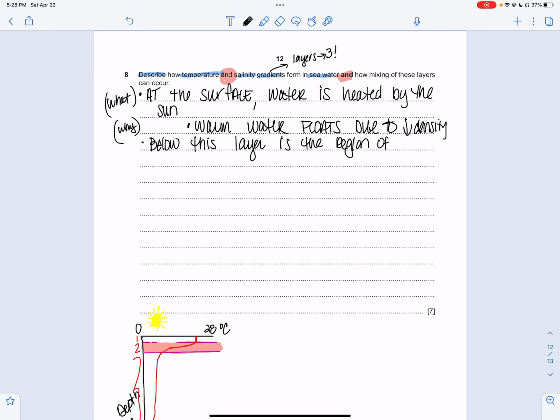Below this layer is the region, or you could say the column, or the area or boundary of water with the greatest change in temperature.